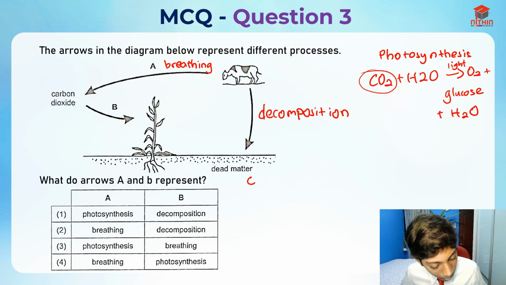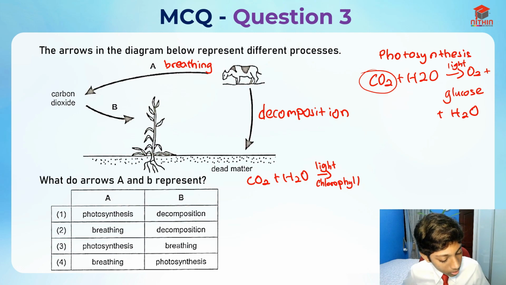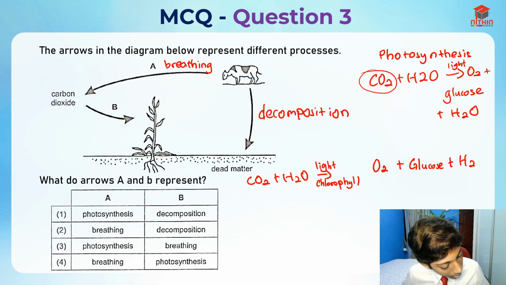So CO2 plus H2O in the presence of light and chlorophyll gives us O2 plus glucose plus water, which is H2O.